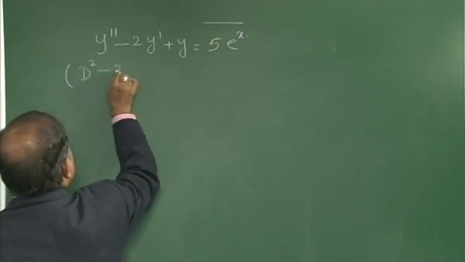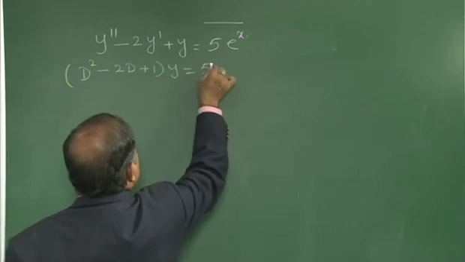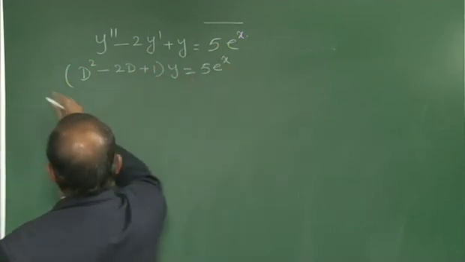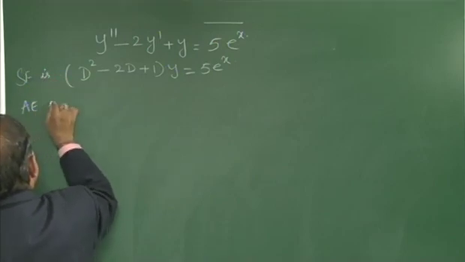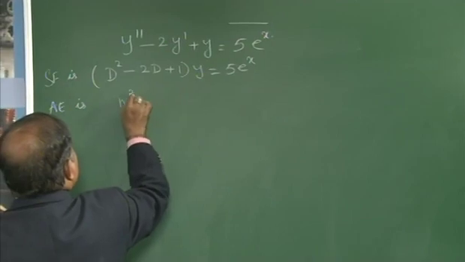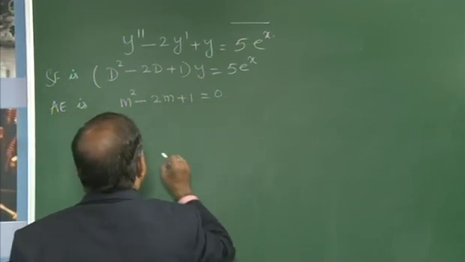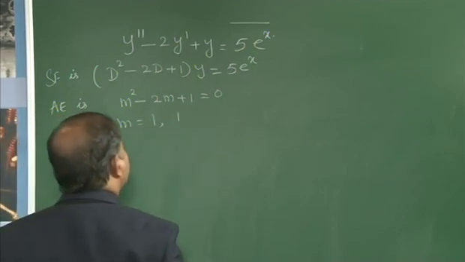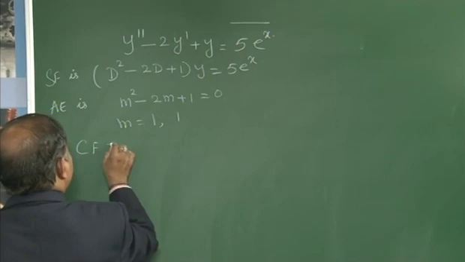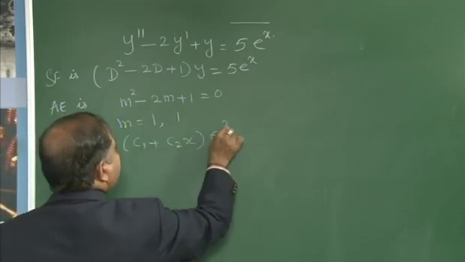D square minus 2d plus 1 into y equals 5 e power x, standard form. What is your auxiliary equation? M squared minus 2m plus 1. What are the roots? 1 comma 1. CF is C1 plus C2x, e power x.